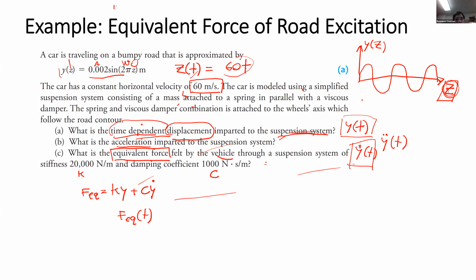You need to be familiar with how to substitute the numbers and obtain the numerical solution. But don't worry, in the exam, I will try to not use numbers. I don't want you to use a calculator too much.